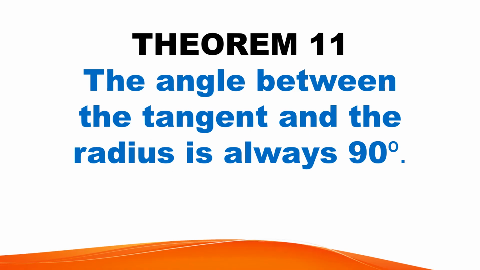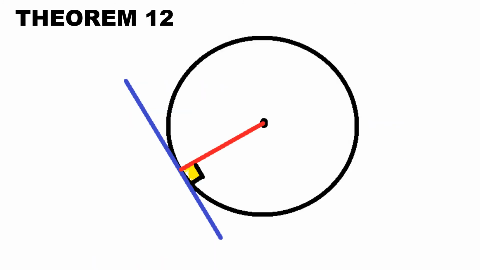Theorem number 11. The angle between the tangent and the radius is always 90 degrees. So, tingnan ulit natin, there are two parts here. Yung tangent line, and then yung radius. So, to illustrate, meron tayong radius, yun yung kulay red, at yung blue line, ito yung ating tangent line.